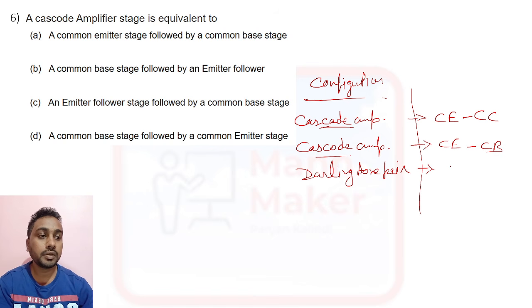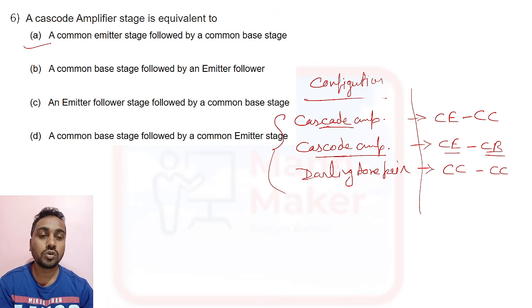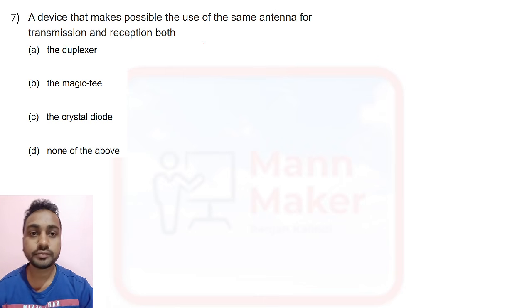And the Darlington pair is a common collector followed by again a common collector. So you also have to remember these three points. Here, from the question, a cascode amplifier stage is equivalent to CE and CB, so a common emitter stage followed by a common base stage. This is the answer.